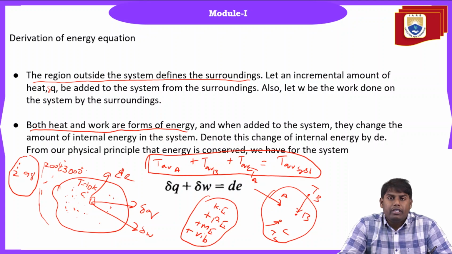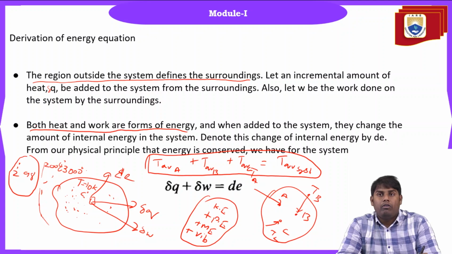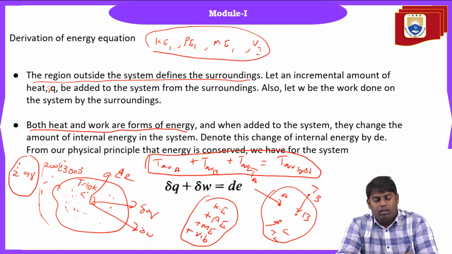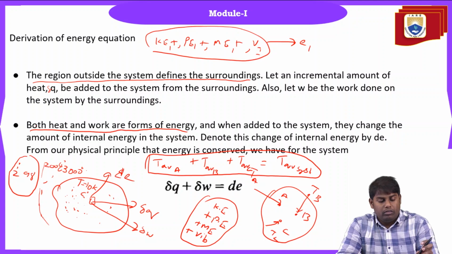How? Initially, let's say we have KE1, PE1, ME1, V1. These are the initial energies constituting E1. When you combine these, we get the internal energy of the system, E1.